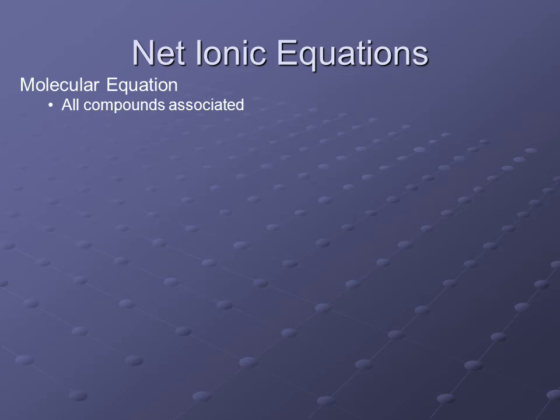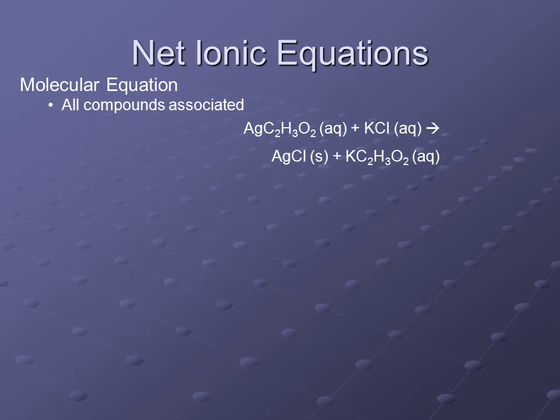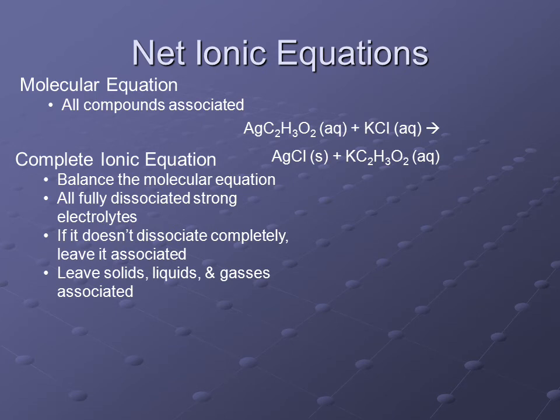So, once again, to reinforce that distinction, in molecular equations, everything is associated. All compounds are associated even if they actually dissociate. So if we look at another reaction, silver acetate plus potassium chloride giving us silver chloride and potassium acetate, for the complete ionic equation you start with the balanced molecular equation and then you fully dissociate all your strong electrolytes.